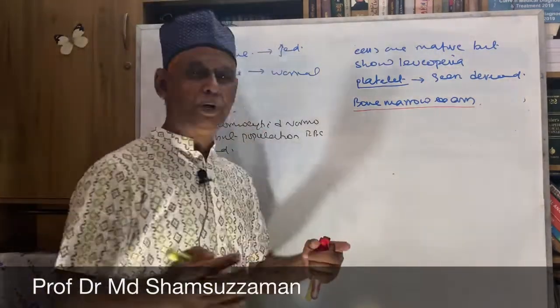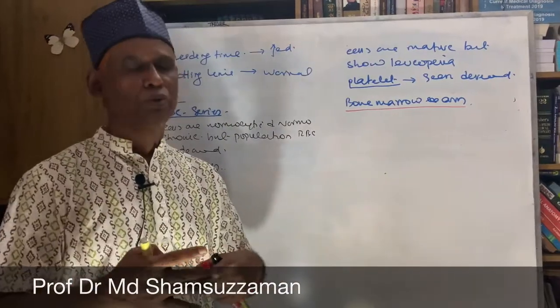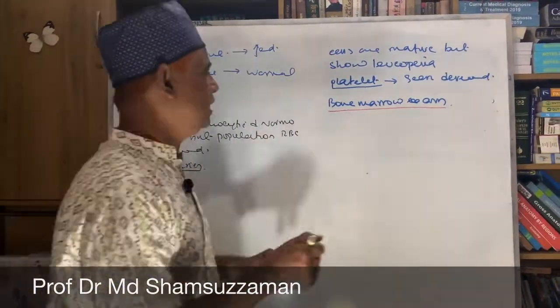So as the hemopoietic element is reduced, cellularity will be hypocellular.